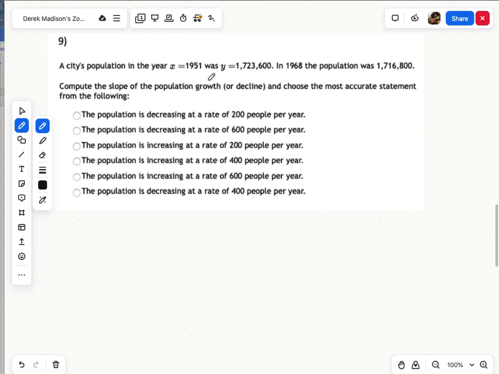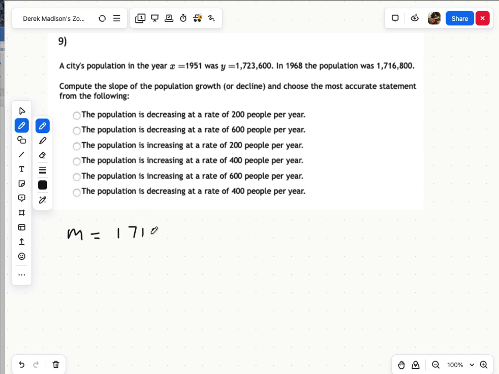Same thing, this has a few words this time instead of a table. So the city's population in 1951 was that much, in 1968 it was that much. Compute the slope and then choose which statement is most accurate. So for here we would have m equals, we'll use this as our x1, y1, and this one is our x2, y2.